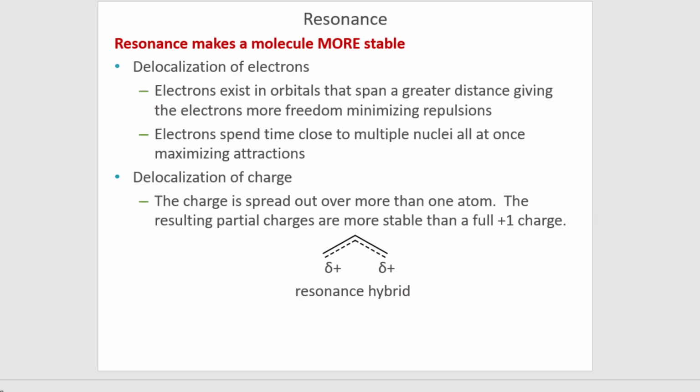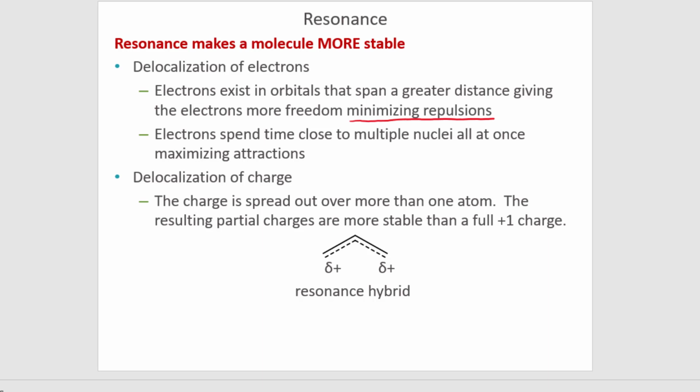So electrons exist in orbitals that span greater distances when resonance is occurring, because you're distributing the electrons over a greater area. This will minimize repulsions due to electron repulsion.